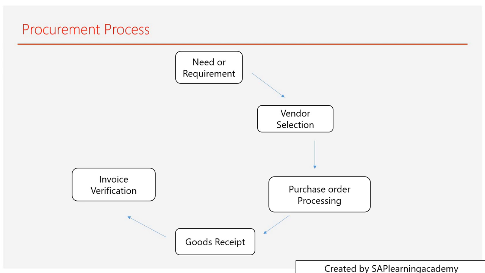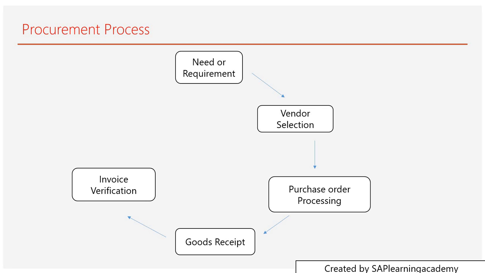So you need to verify whether you have received all the goods, or whether there is any difference in terms of quantity or prices from what you raised in the purchase order. That you need to verify in the invoice verification. And if I talk about a bigger system like SAP or any other ERP system, it does all kinds of verification automatically.